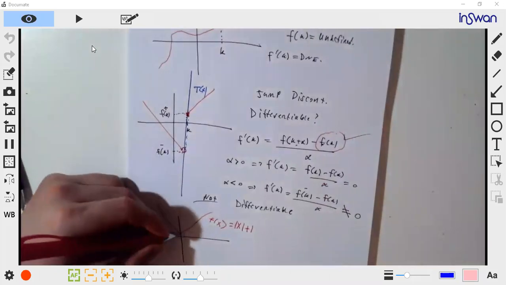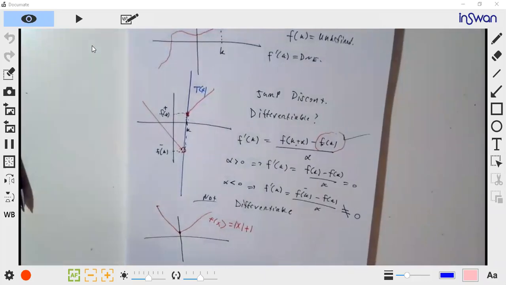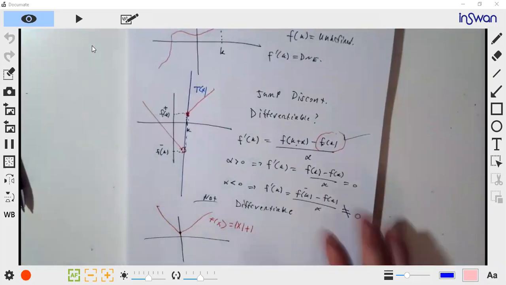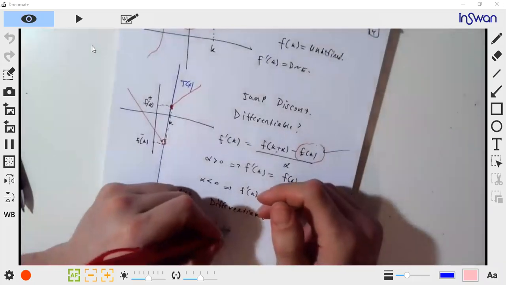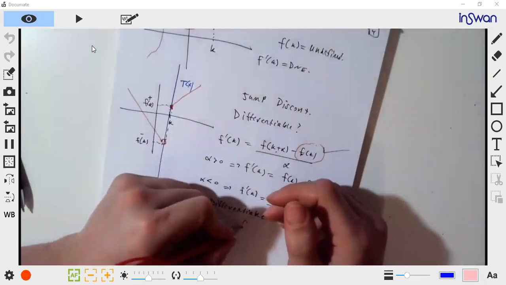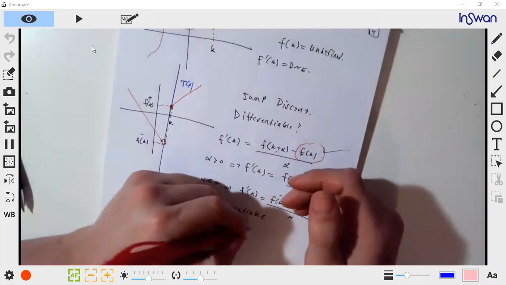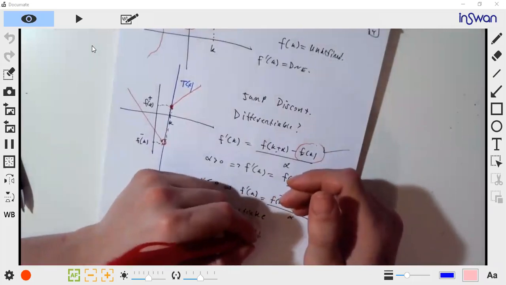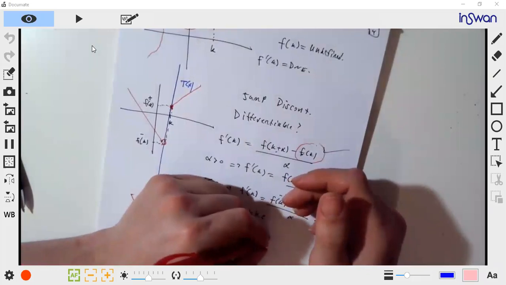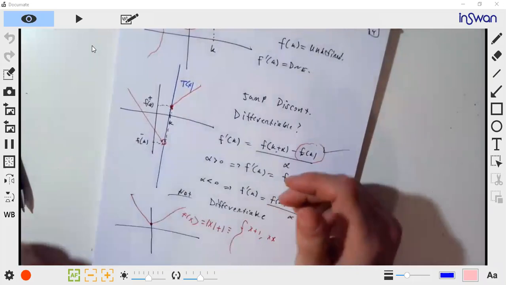Notice this point right here is a corner. It's a corner point. What does a corner point mean? Well, notice that this function is defined as a piecewise defined function.